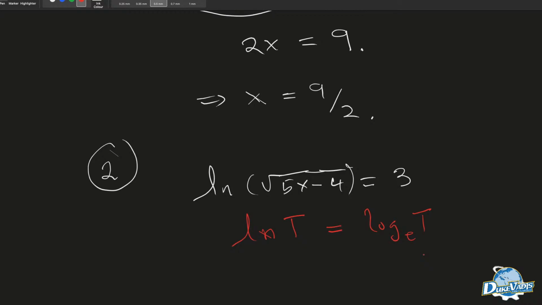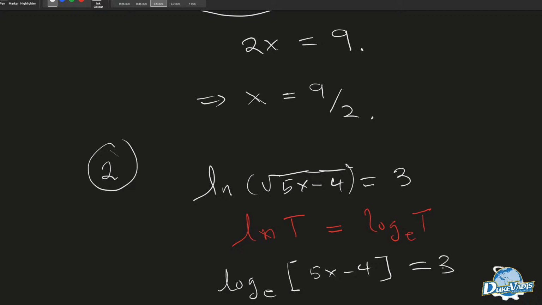Because of that, the whole equation will change in completion. To make it easier for us, this equation can be written as log to the base e of (5x minus 4) equals 3.